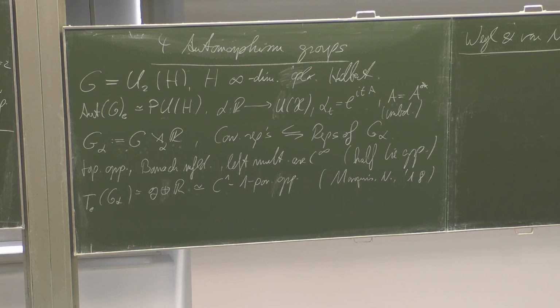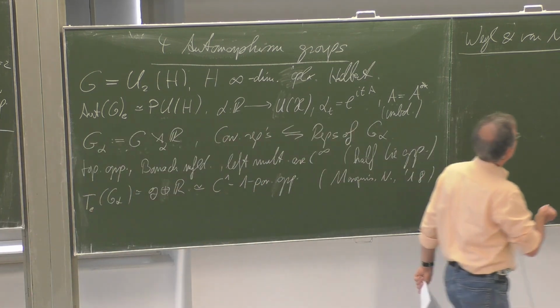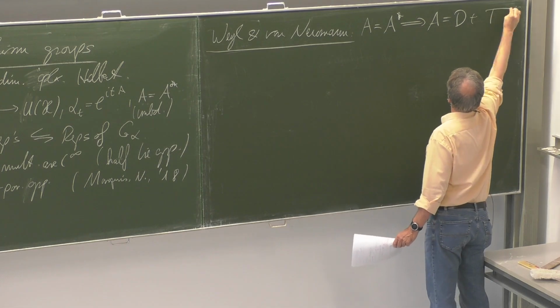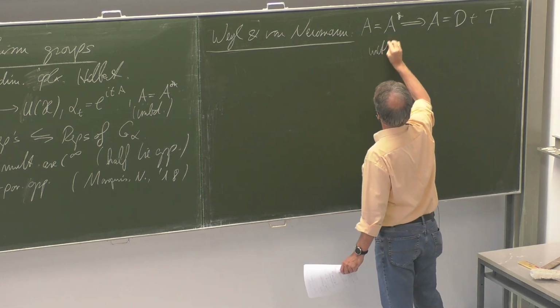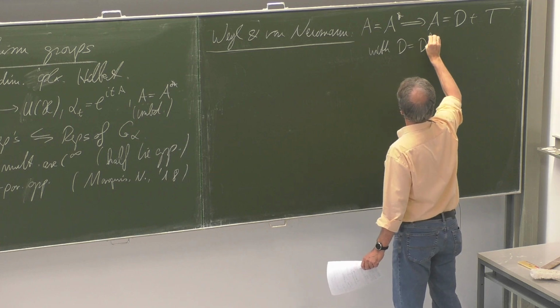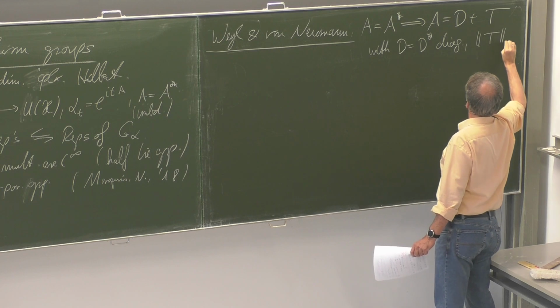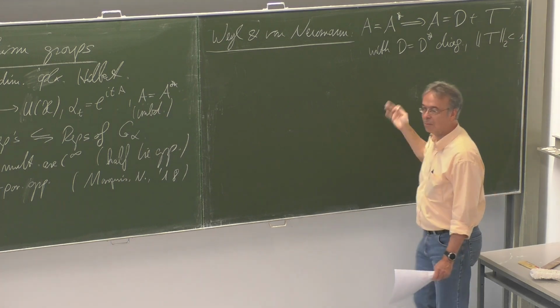So when you study integral operators, you want to calculate eigenvalues, etc. But if the operator has continuous spectrum, you don't know what to do. So what they proved is if you have a self-adjoint operator A, then you can write it as a sum, E plus T, with E self-adjoint diagonal, and T a self-adjoint Hilbert-Schmidt operator with norm arbitrarily small.